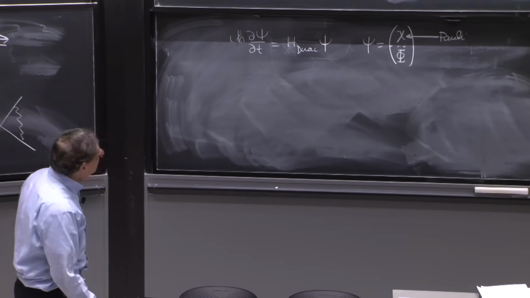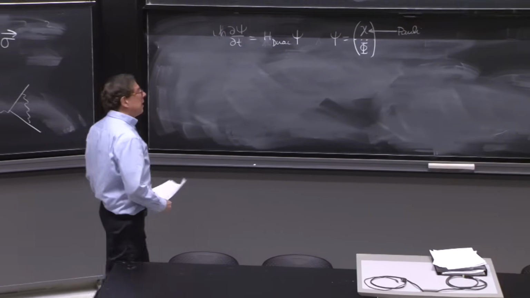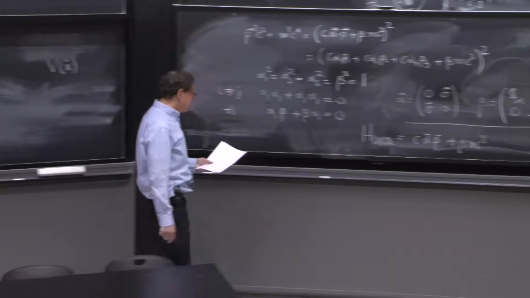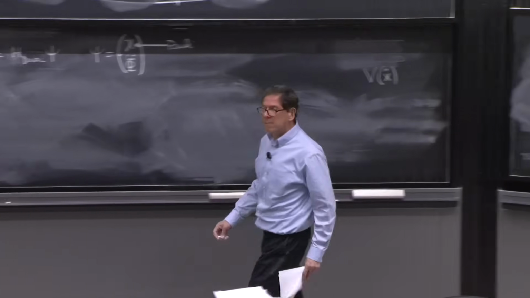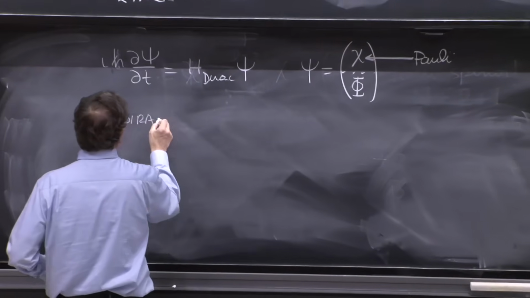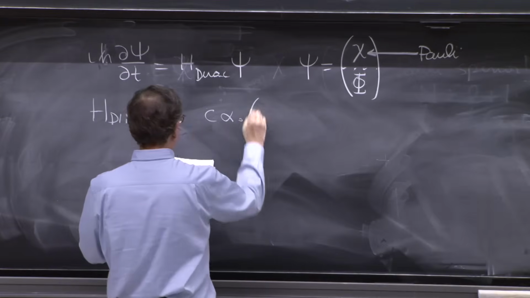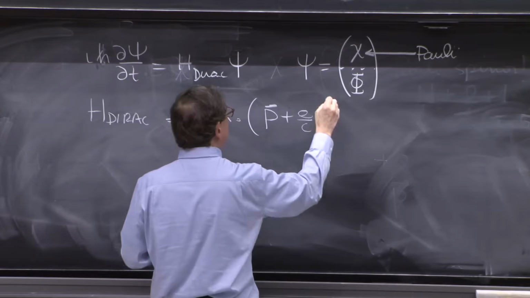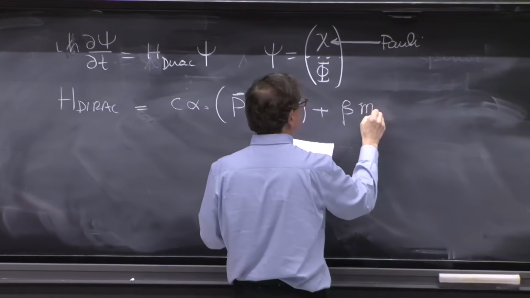So there is a whole analysis of this system in which, in order to put a magnetic field, you can put in here, for the Dirac Hamiltonian, H Dirac coupled to electromagnetism has a c alpha dot (p plus e over c A), plus beta mc squared.